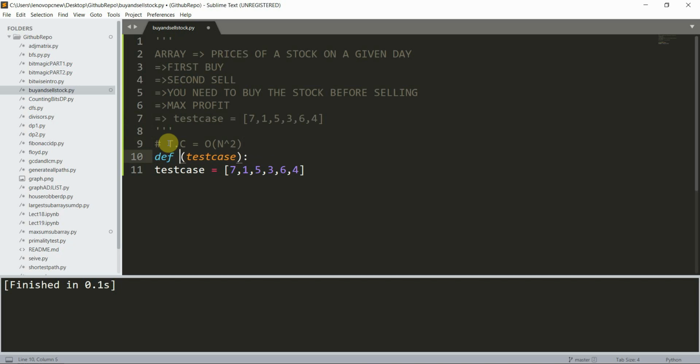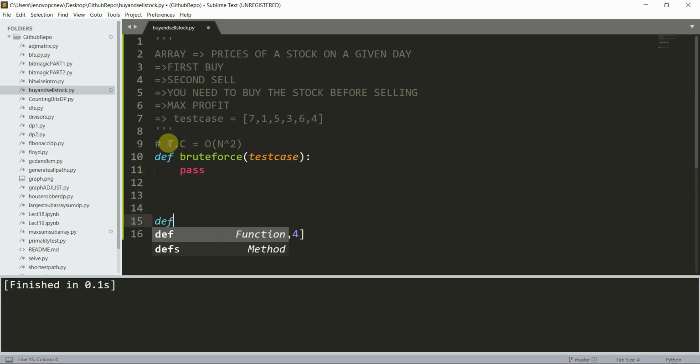The second one I'm going to solve in an optimal way, and I'll take a test case as a parameter, and there I'll reduce the time complexity to O of n.